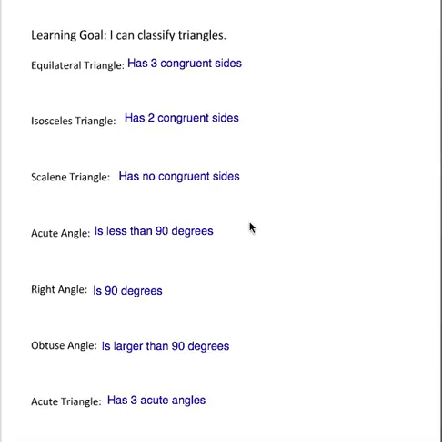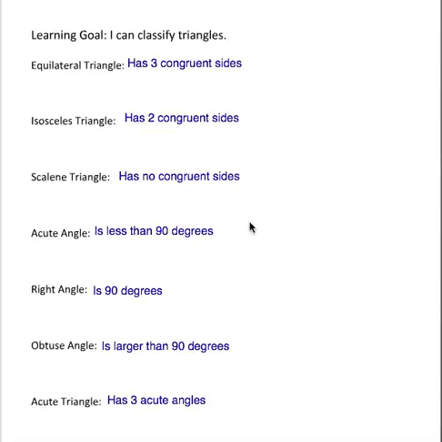There are three different ways we can classify triangles by their sides. We can classify them as an equilateral triangle, an isosceles triangle, and a scalene triangle. And as you can see, I've already listed the definition for each type of triangle.